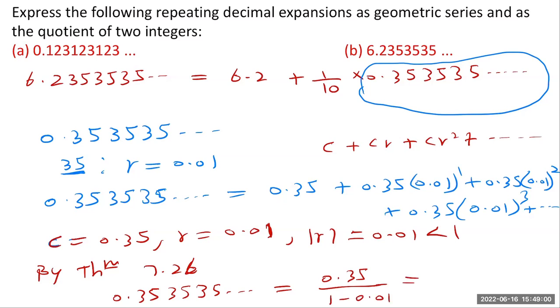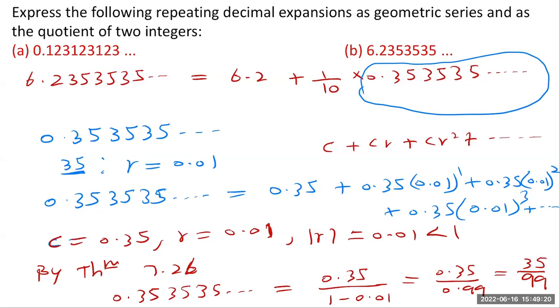If you simplify this, you will get 0.35 divided by 0.99, which is 35 over 99, pardon. You multiply both top and bottom by 100 to get 35 over 99.